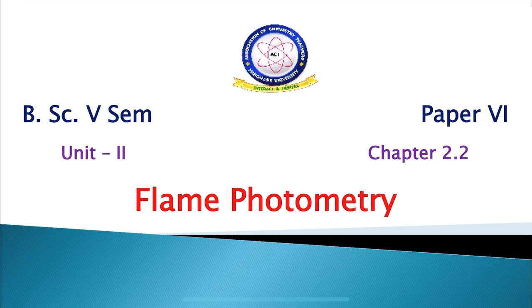Interferences, in simple words, means disturbances caused to the flame photometry, which will be discussed, along with the analytical applications of flame photometry in the estimation of sodium, potassium and calcium metal ions, in this chapter 2.2.